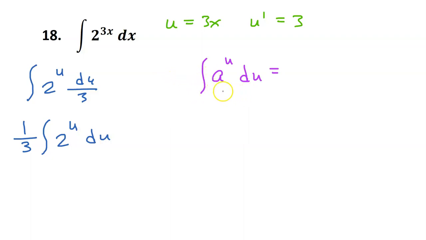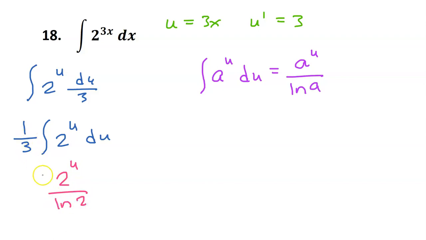But now comes the memorized rule. The integral of a to the u du is a to the u divided by the natural log of a. In this case, a is 2. So we have 2 to the u divided by the natural log of 2.